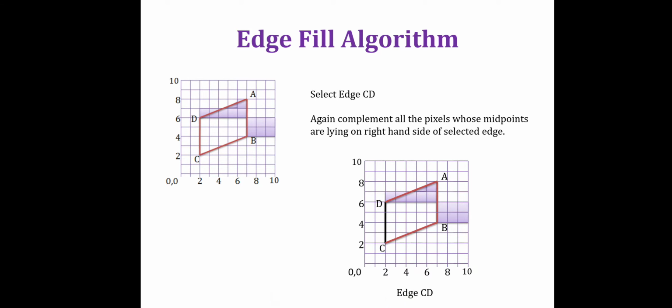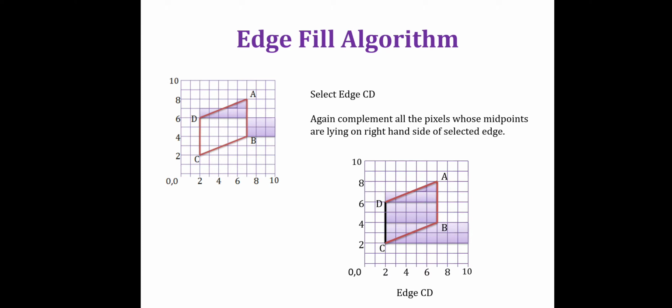Okay. So how are you going to fill that or complement? Here I started complementing all the pixels which are on the right hand side. These pixels already have the fill color, so at that time we have to make the complement of that fill color with the background color.